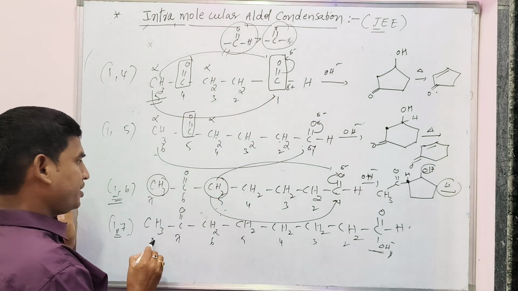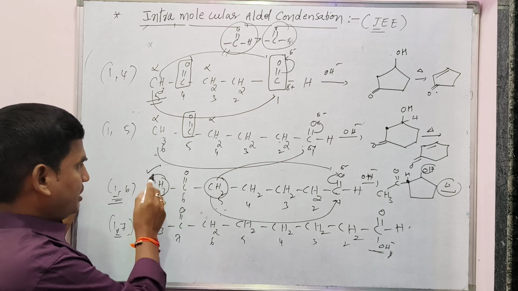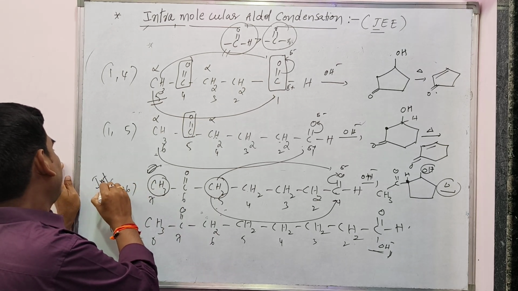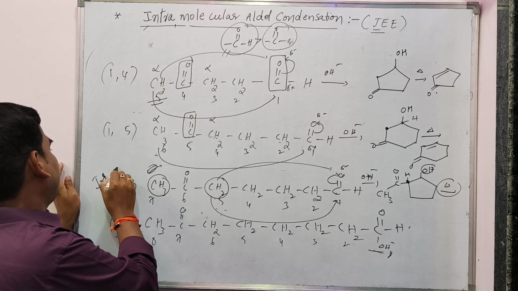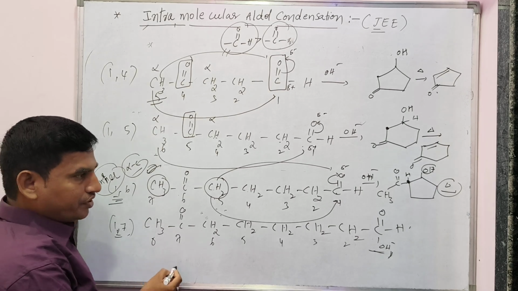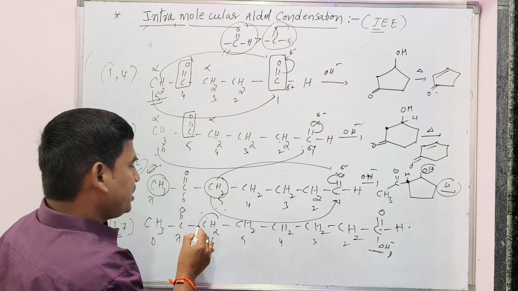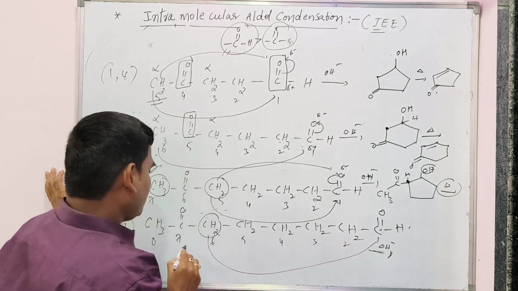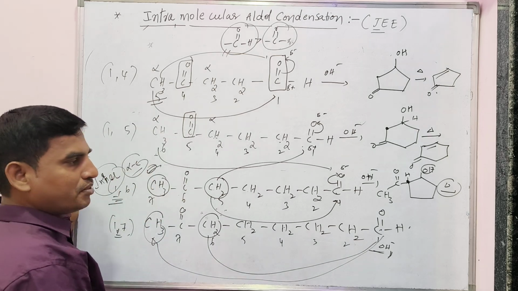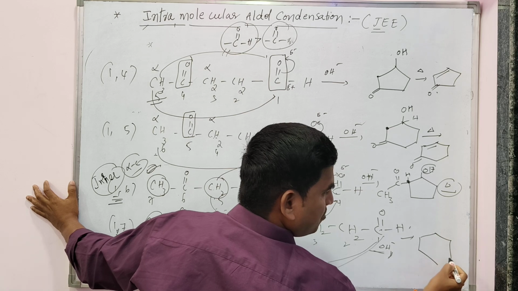If you go here also, inner or outer, here it is outer. If you go for inner, the inner alpha carbon is involved in the formation of the carbanion. Here also the same: 1, 2, 3, 4, 5, 6. If you take this one, it forms a 6-membered ring. If you go for this one, it forms an 8-membered ring. So between 6-membered and 8-membered, the 6-membered is more stable.